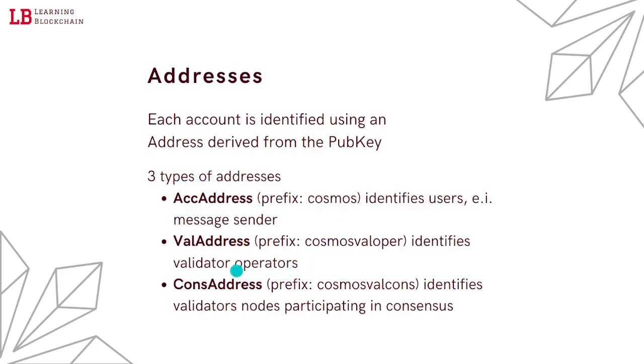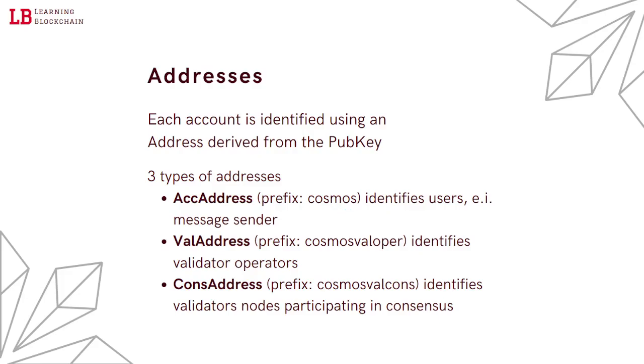Then there's a validator address that has a prefix, for example, cosmosvaloper, that identifies the validator operator. And then we have consensus addresses that identify validator nodes participating in consensus. This has a prefix of this form, cosmosvalcons.